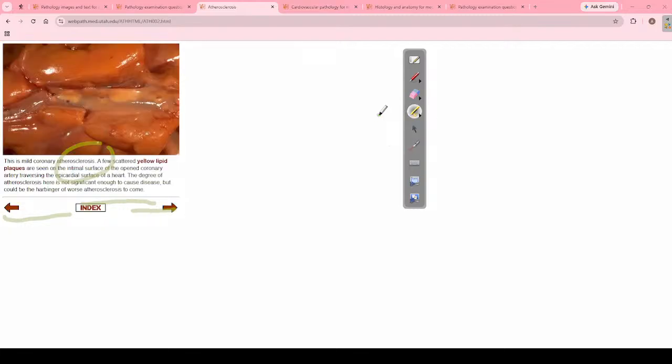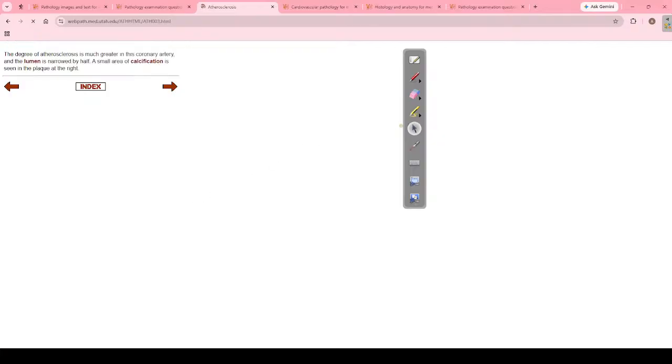So next we have a gross image of mild coronary atherosclerosis with a few scattered yellowish lipid plaques, as seen. The degree of atherosclerosis is not significant to cause disease, but it could be a harbinger of future worse atherosclerosis.